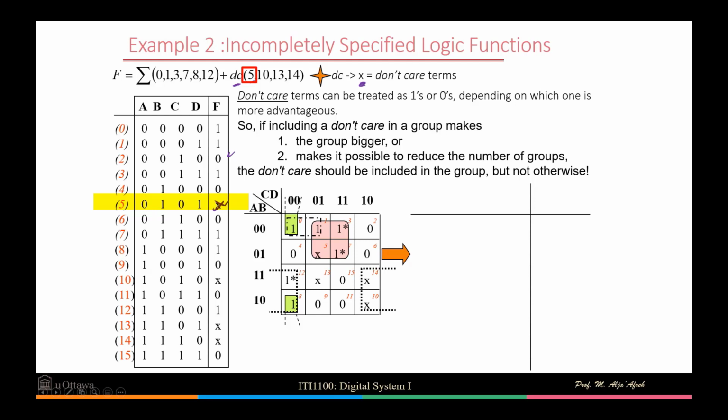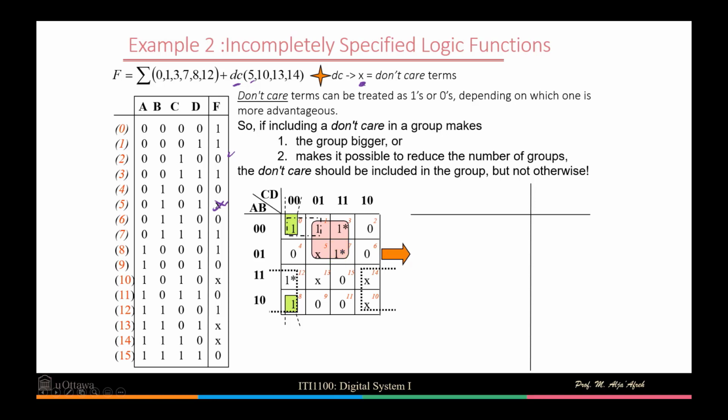Now what you have to do is apply it everywhere, map it to the Karnaugh map here and use the X to your favor. So by examining this Karnaugh map, we know that this 1 can only be grouped in a group of 4 this way. That's why I mark this one and this one, to form an essential prime implicant.